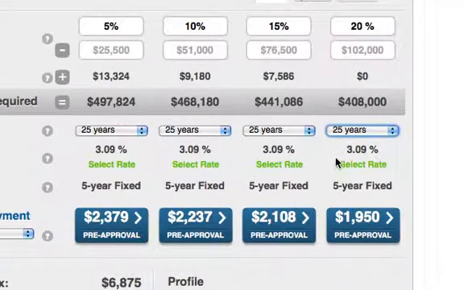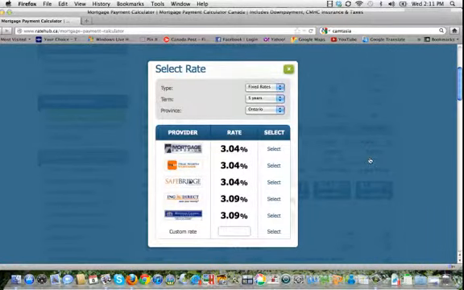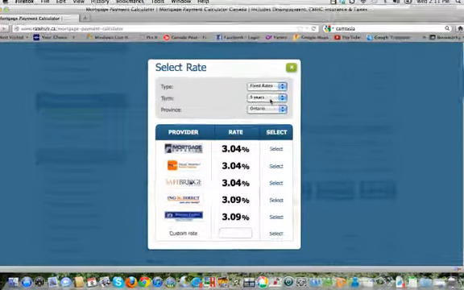So for the purposes of this exercise, I'm going to choose a random one. I chose a fixed rate. That, remember, is the amount that does not change for the duration of your contract with a lender. So the percentage interest stays the same each month. The amount of time that you have a contract with a bank or a lender can change.